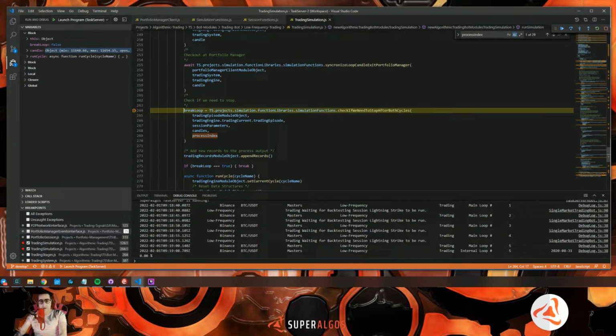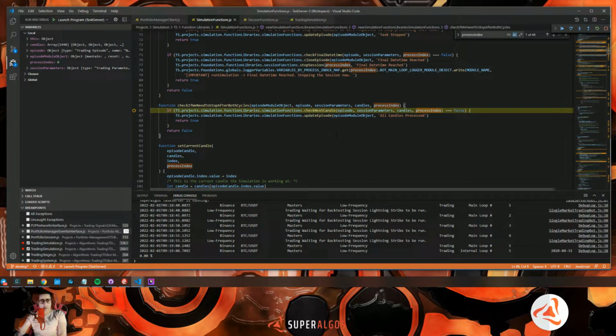Okay, so what happened here? Check if we need to stop after both cycles. I don't think we have that function. So it says here, checks next candle, all candle. Yes, because we do this so that we can switch to the next day. So check next candle.